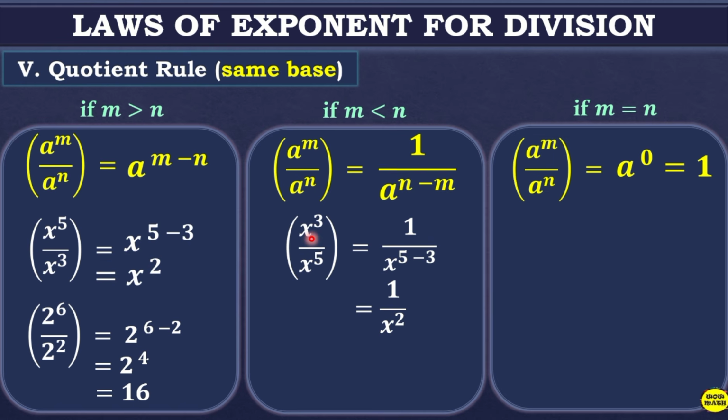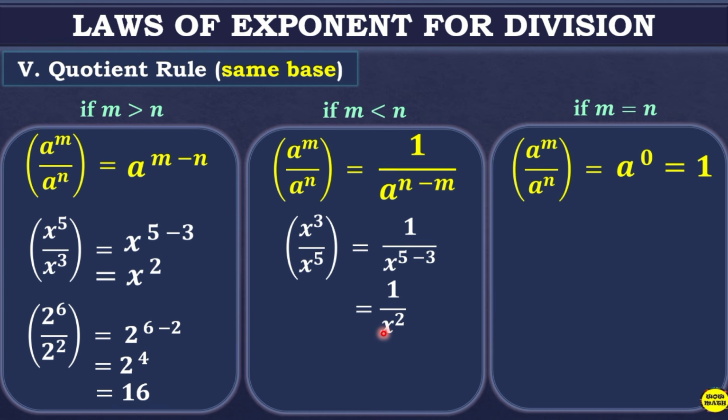Next, kagaya nito, mas mataas yung denominator, di ba? Yung exponent ng denominator. Pagkatapos mo siya i-minus, 5 minus 3, 2, so x squared. Ilalagay mo yung sagot mo sa denominator. Kaya naglalagay tayo ng 1 sa taas para maipakita natin na nasa denominator siya. Kapag ganito kasi, hindi na natin nilalagay yung 1. Kapag mas mataas ang exponent ng denominator mo, ang sagot mo po, ilalagay mo sa denominator.